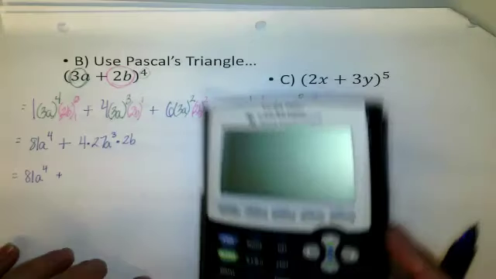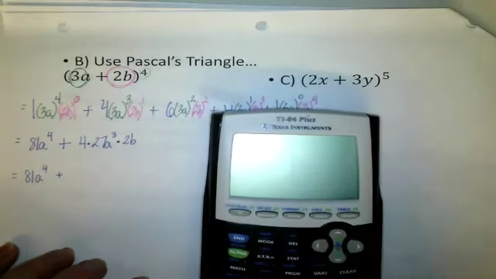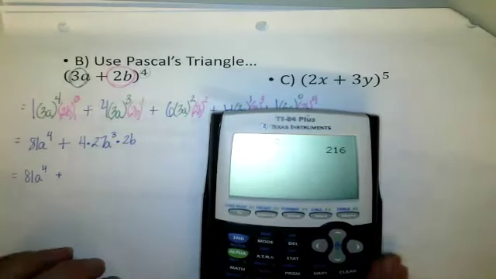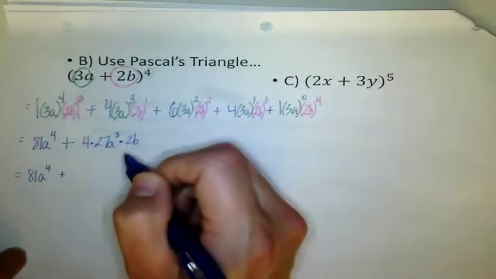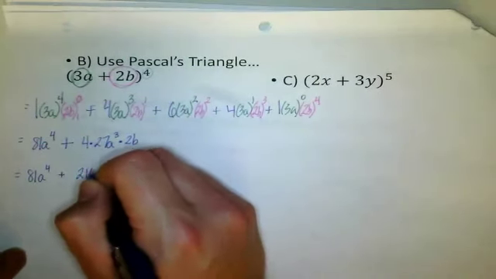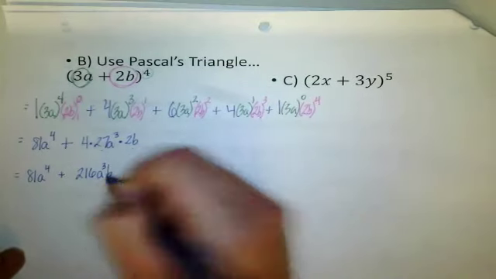I really don't want to multiply that in my head. 162. It's 162. How about 216? All right, so 4 times 27 times 2 is 216. A to the 3rd times b.